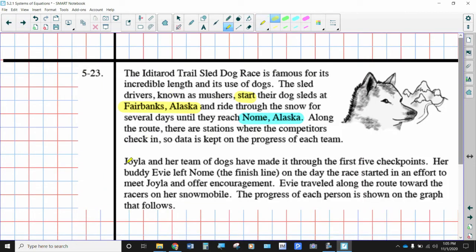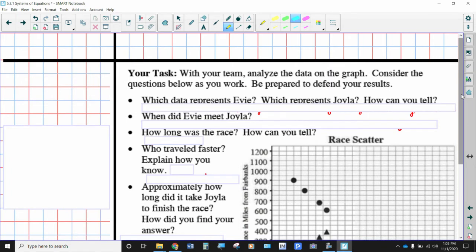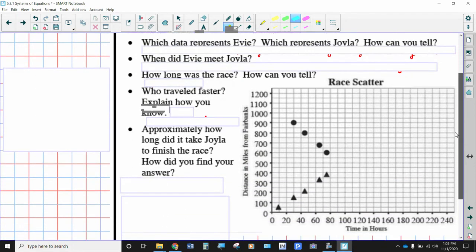Remember, Joyla, she's the one who's starting the race in Fairbanks, Alaska. And Evie left Nome, which is the finish line. So with that piece of information, which one of these represents the stopping points for Evie, and which one represents the stopping points for Joyla?